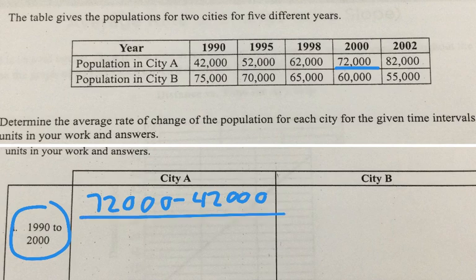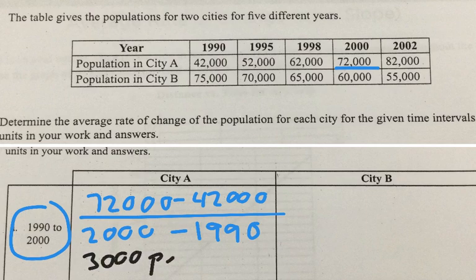And how long did it take the population to grow by 30,000? Well, we could take our end year, which was 2000, and subtract our beginning year, which was 1990. So this would be 30,000 people divided by 10 years, or 3,000 people per year.